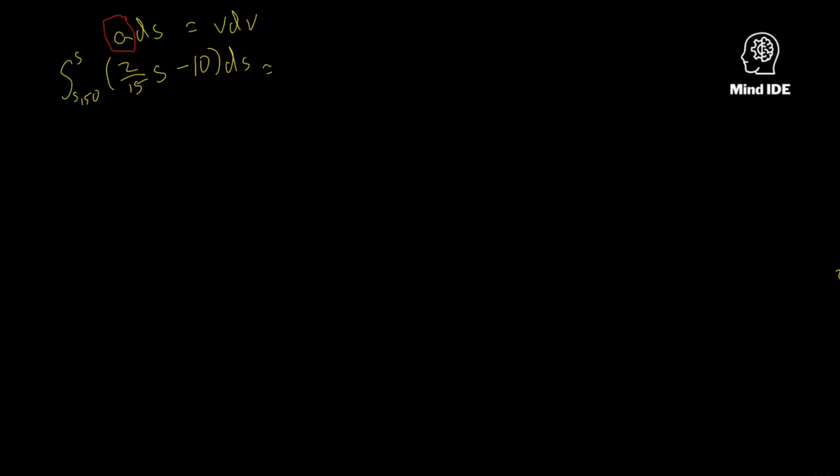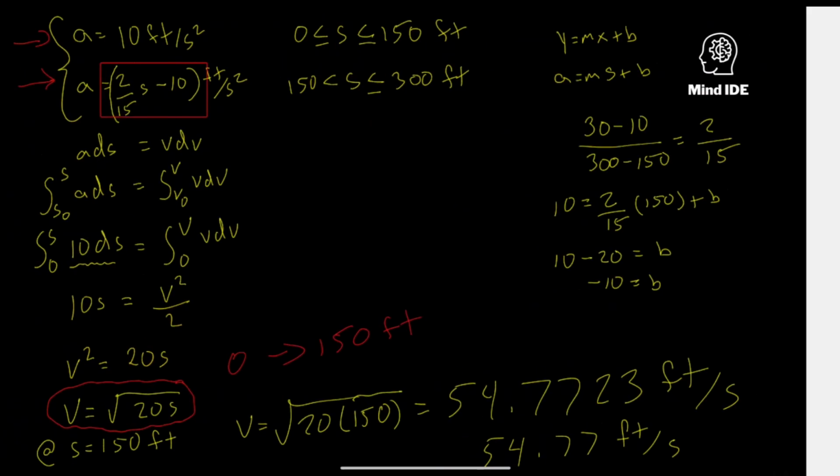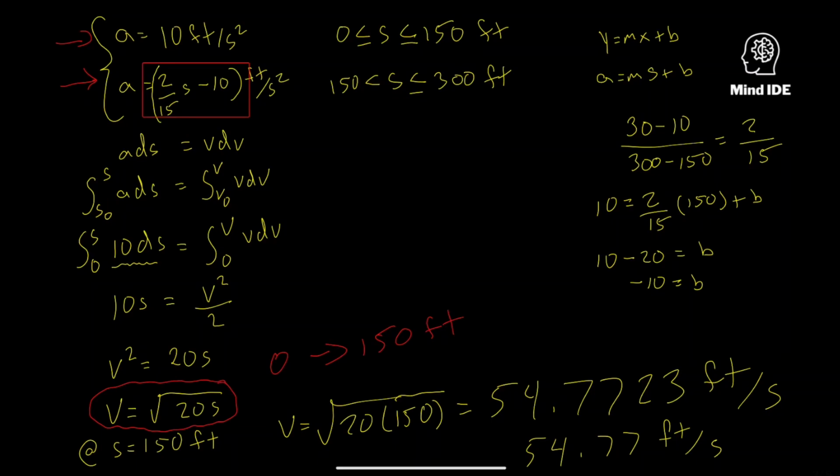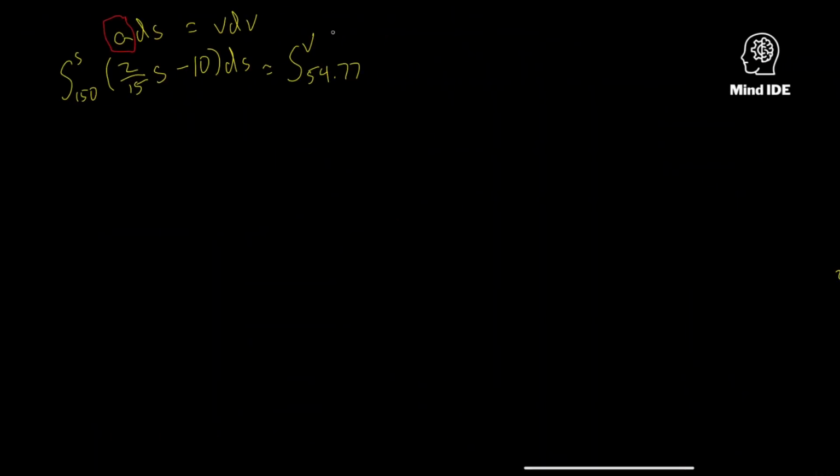And that equals v, and this is v, so this is not s, this is 150, and this is 54.77. That was this value here. So that's where we were, and this is where we're going. That's what we're integrating over. And we just do v dv again.